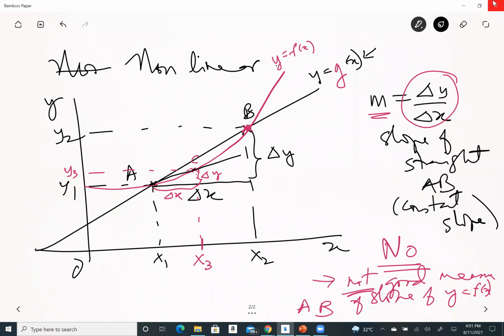Now, what can you say about the straight line AB and straight line AC relative to the non-linear curve? What can you say from the things that we drew here? How do they relate? Just look at their position. How do they relate to each other?